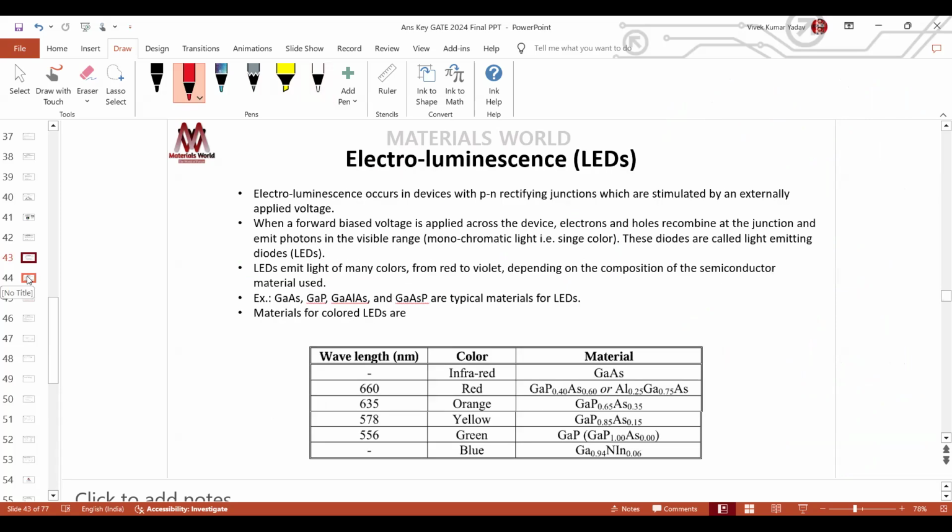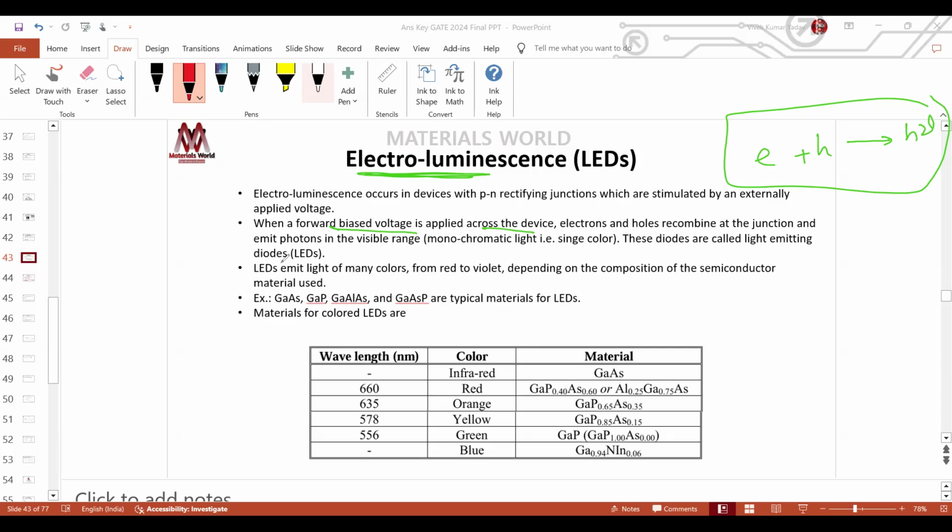Now comes the LEDs. If your energy source is electrical energy, where you apply voltage and current, a forward bias voltage across the device, you get a lot of electron and hole recombination that will result in energy. For that you must use a direct semiconductor, sorry, I'm really sorry, a direct semiconductor, or some impurities.